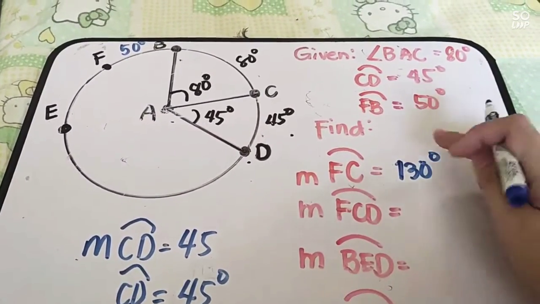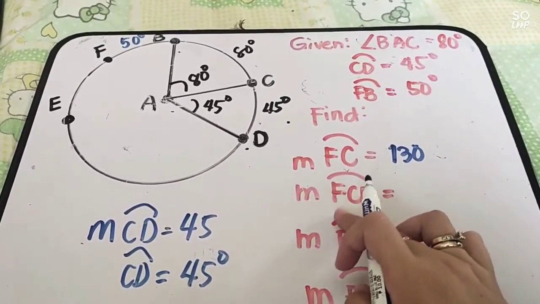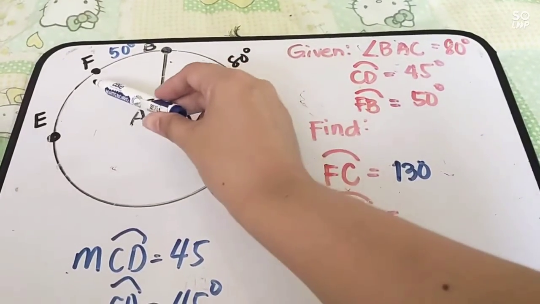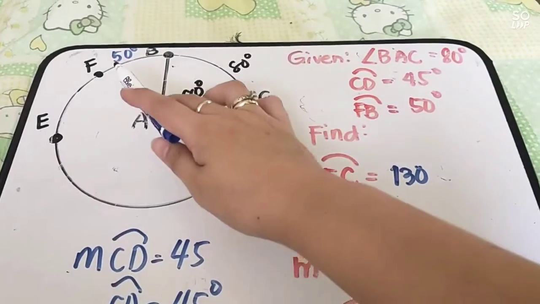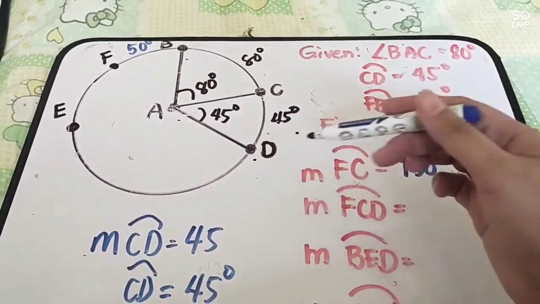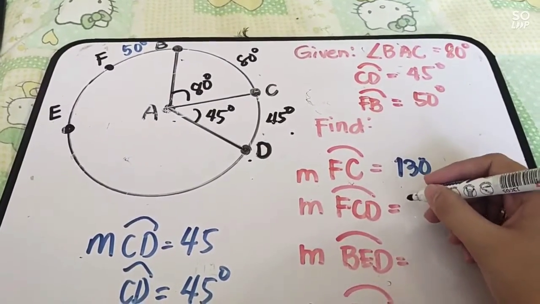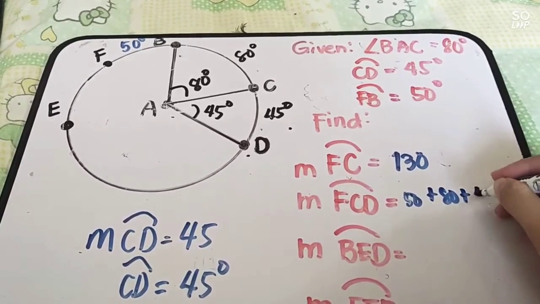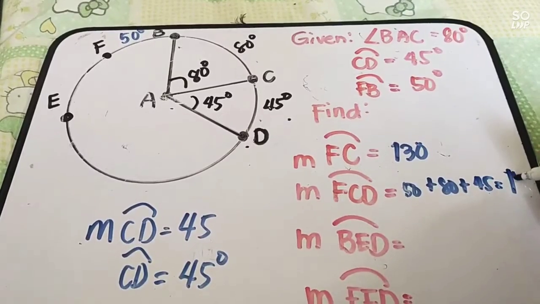Sorry, there should be no degree sign. Next, the measure of arc FCD. We are going to add all the arcs contained in FCD. So, we have 50 plus 80 plus 45. What's the answer? We have 175.